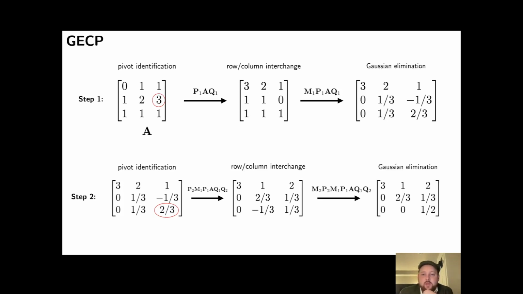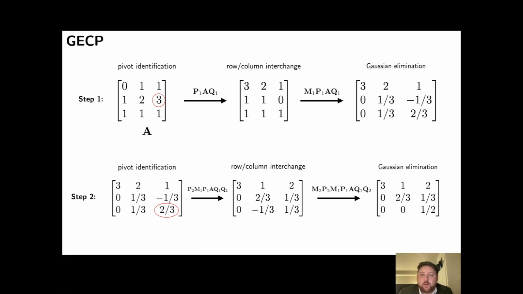And finally, you end this with one final sweep of Gaussian elimination, and ta-da, you have arrived at an upper triangular matrix. What you can say is that this upper triangular matrix U is equal to M2 P2 M1 P1 A Q1 Q2.